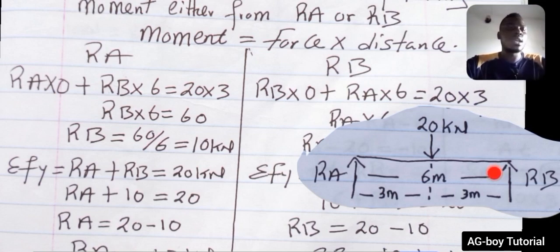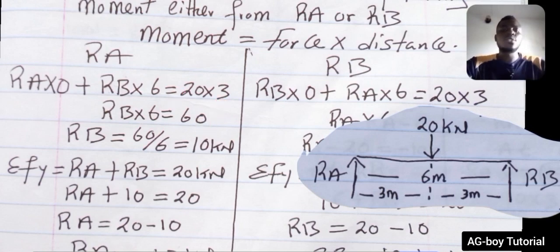The distance from RB to RA is 6, so it's going to be RB times 6, equal to the force coming downward, which is 20 kilonewton. The distance from 20 kilonewton to RA is 3, so it's going to be 20 times 3. Now RA times 0 is 0, so it's out. So we have RB times 6 equals 20 times 3, which is 60.